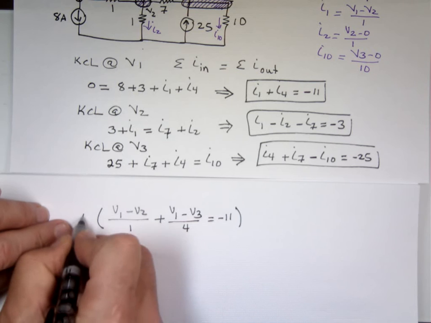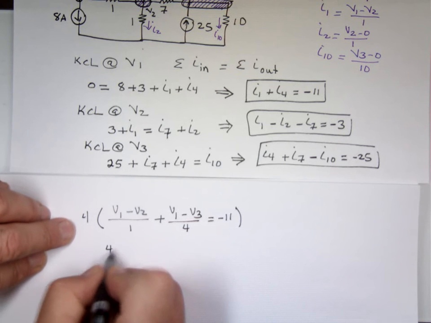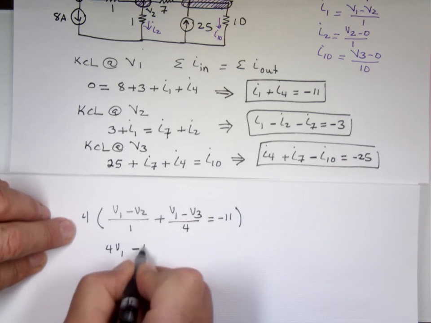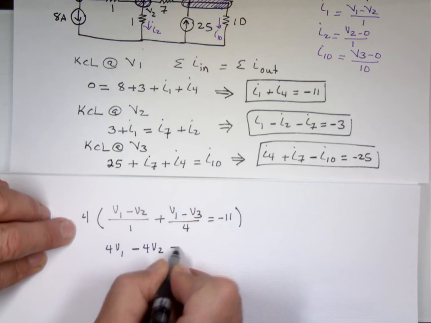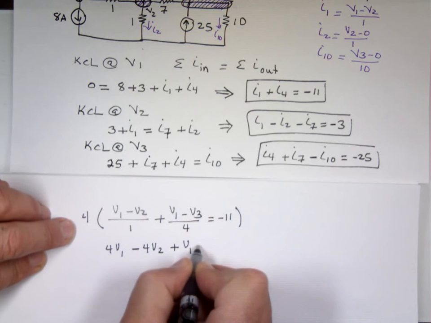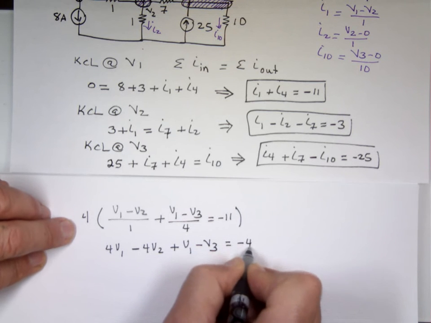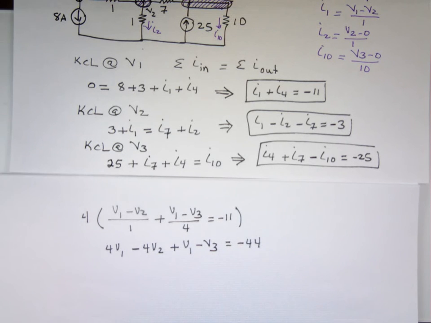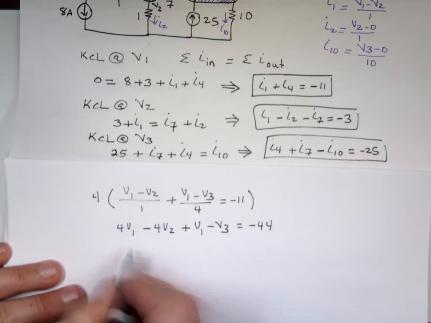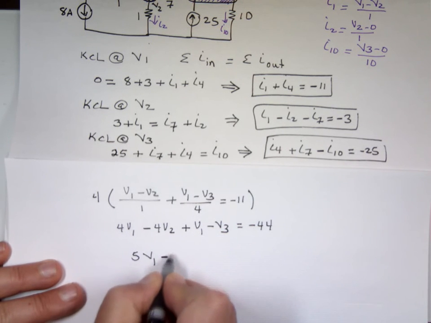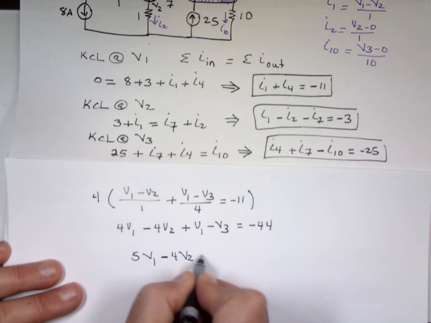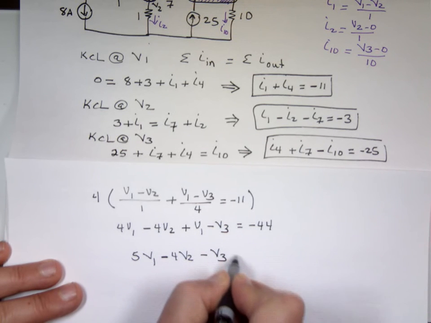So 4V1 minus 4V2 plus V1 minus V3 equals negative 44. Clean it. 5V1 minus 4V2 minus V3 equals negative 44.